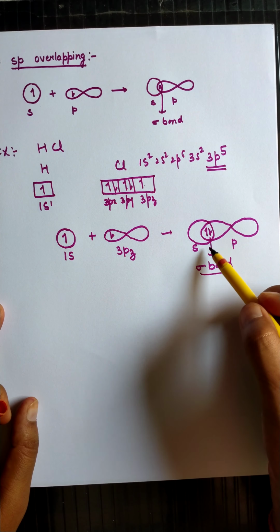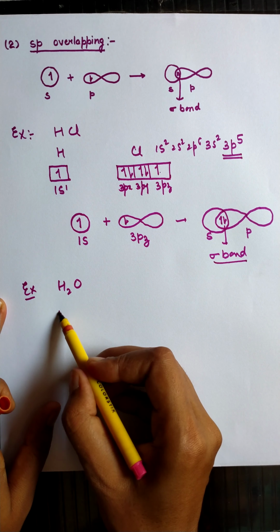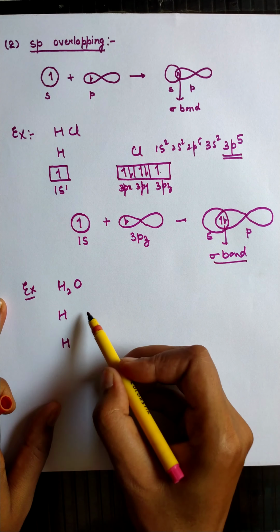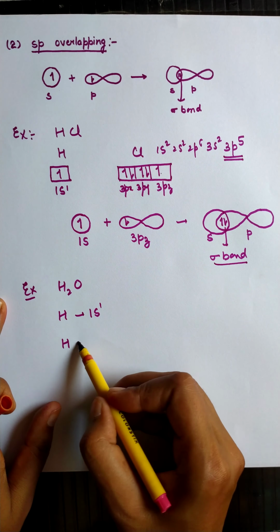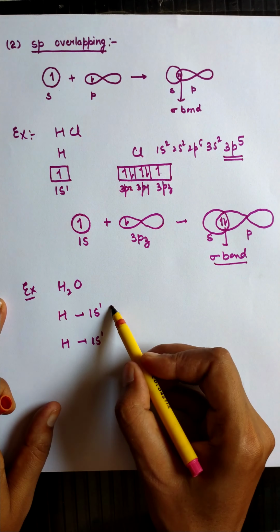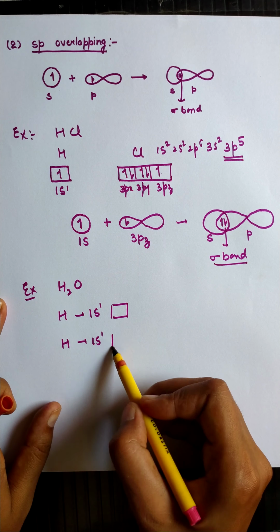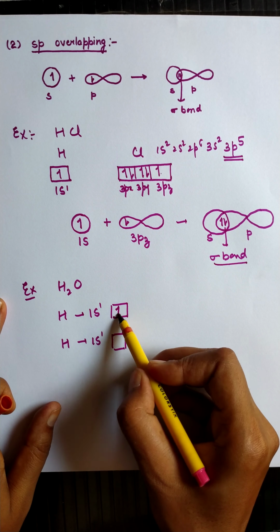We can take some more examples also, like HI, HF, and H2O. We can see the overlapping in H2O also. Let's take the example of water. In H2O, we know two hydrogens are there. One hydrogen has configuration 1s1, the second also has 1s1. This is the diagrammatic representation.